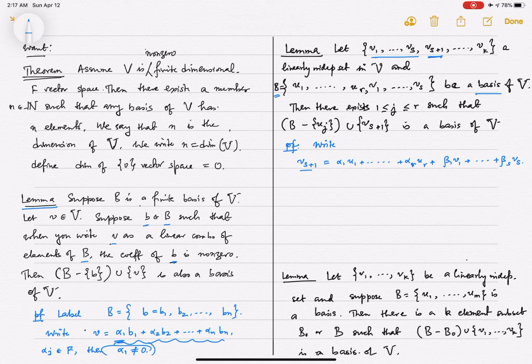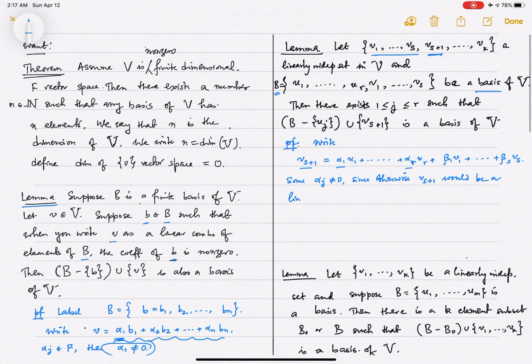The thing that you have to observe is that one of the alphas must be non-zero. Some alpha j must be non-zero, since otherwise, if all the alphas were 0, then Vs plus 1 would be a linear combination of the previous guys.